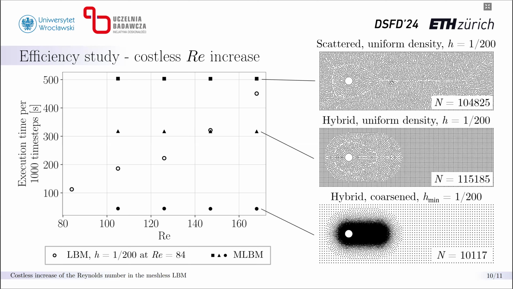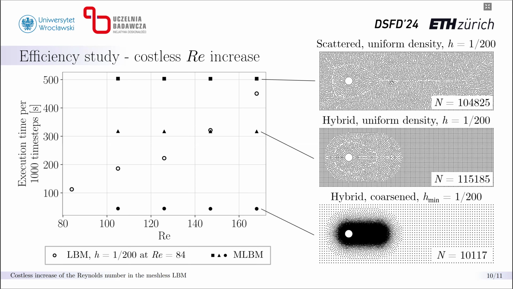The first scenario consists of scattered discretization in the whole domain, so also meshless approximation in the whole domain, with the nodes density the same as in the reference LBM solution for the lowest Reynolds number.